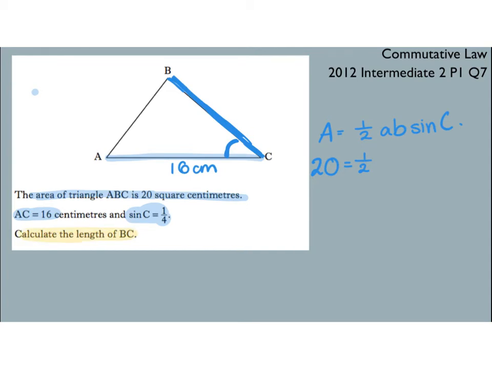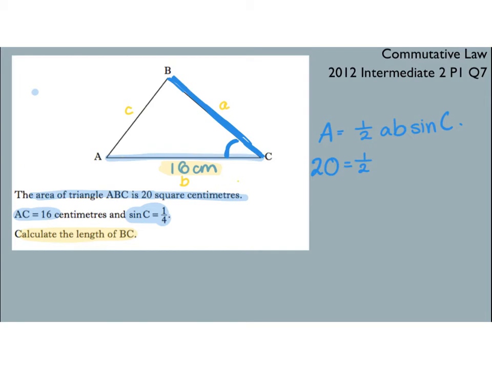Right, so it's correct. Opposite angle A is little a, opposite angle C is little c, opposite the angle B is side little b. So in my formula, I will be using the 16.